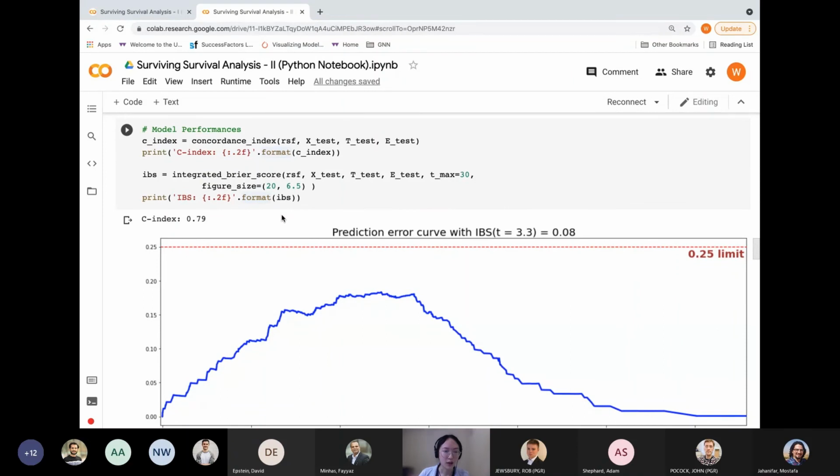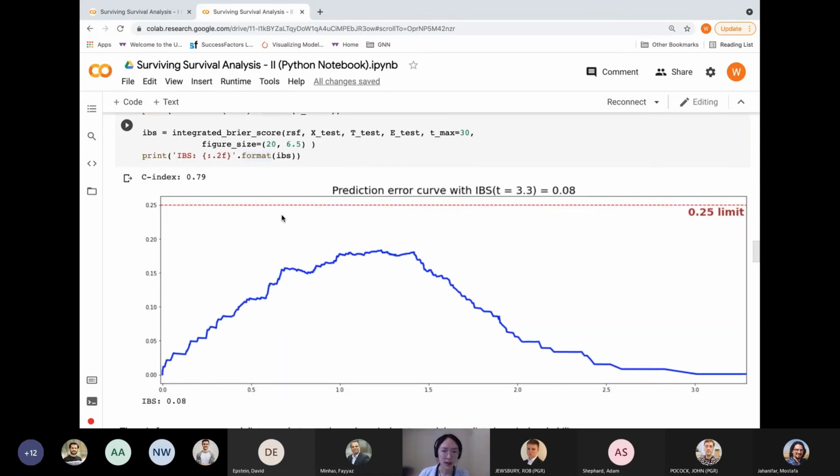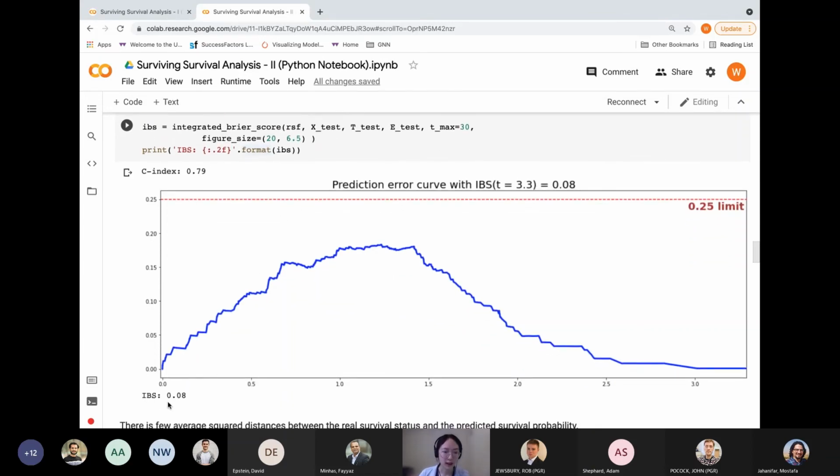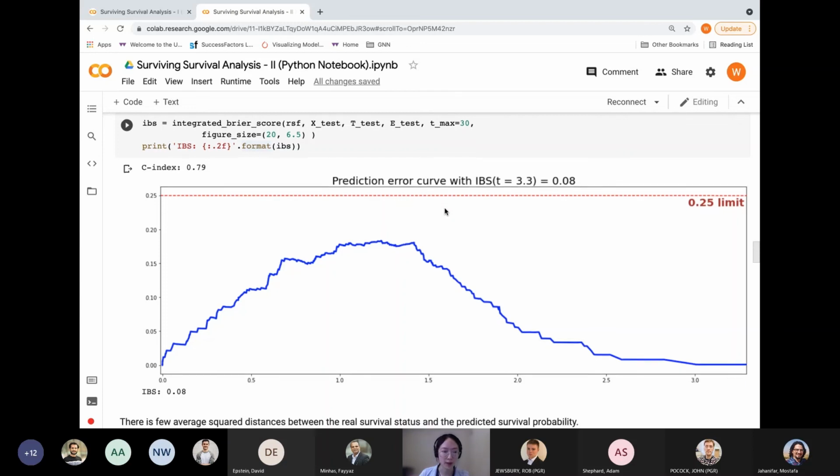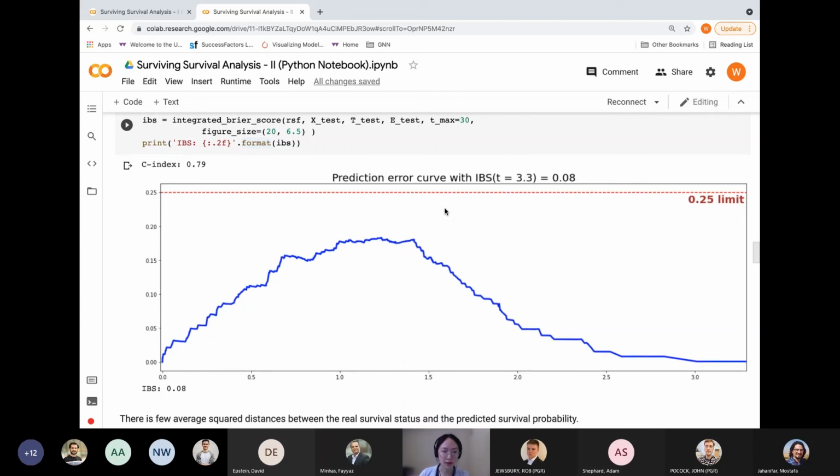And here we also calculate this Brier score. As you can see here, we get 0.08, which is much smaller than this threshold, which is 0.25. Which means there is very little distance between the real survival information and the predicted survival probability.